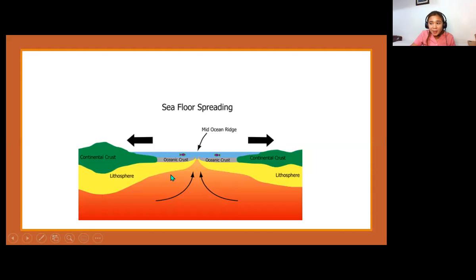So, ibig sabihin, kapag may nangyaring divergent, naghiwalay ang dalawang plate away from each other at may nag-arise na magma, magkakaroon ng bagong oceanic crust. Siyempre, hindi naman to nabubutas lang, kundi napapalitan siya or nagkakaroon ng bagong seafloor or oceanic crust. Okay? So let's move on now.